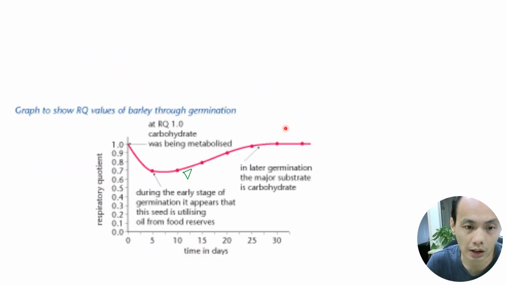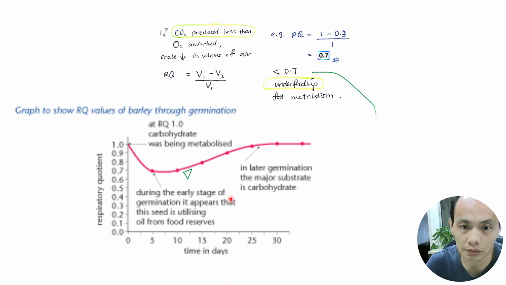Look at this graph during germination. During the early stage of germination, it appears that the seed is utilizing oil from the food reserve. During this period of germination, oil is being used, so the RQ is about 0.7.